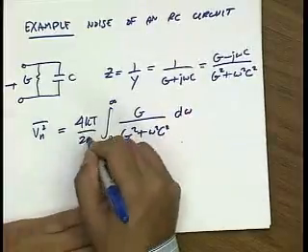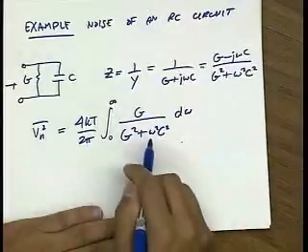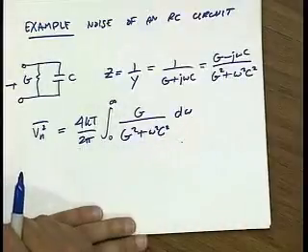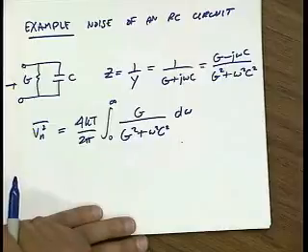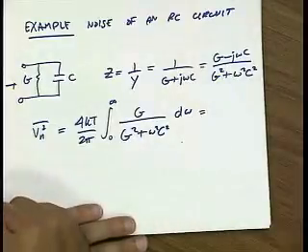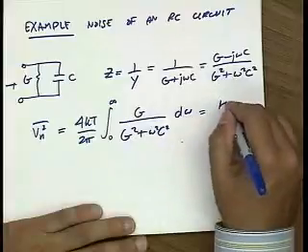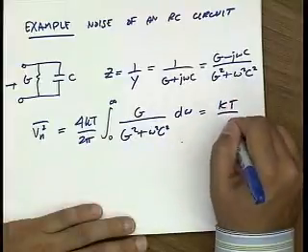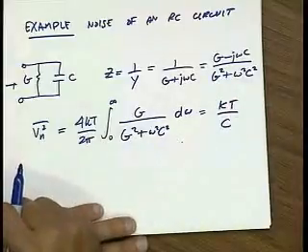And I'm going to introduce, instead of integrating over f, I'm going to integrate over omega and introduce a 2 pi here. Okay? So I do this integral, or I look it up in a table, and I find that I get a really simple answer. The overall noise is just kT over C.